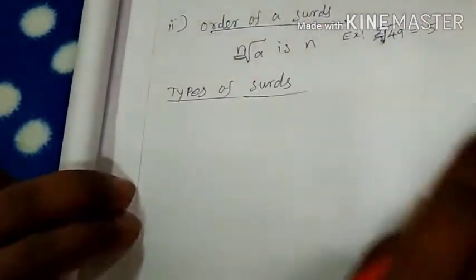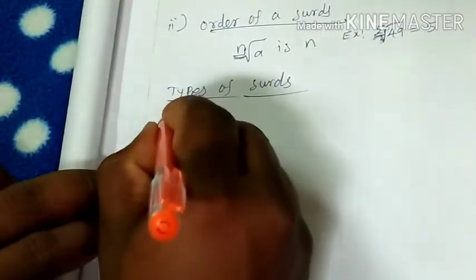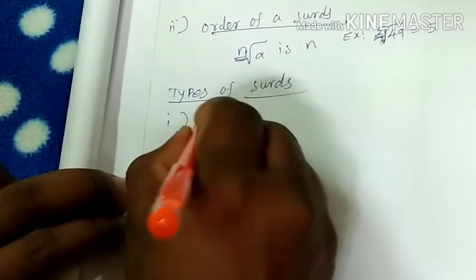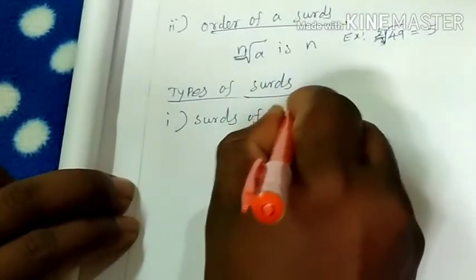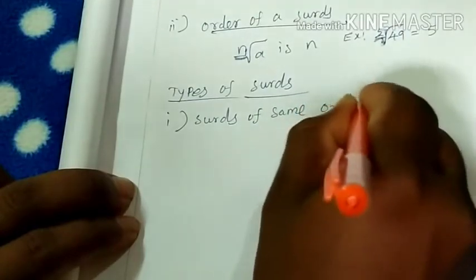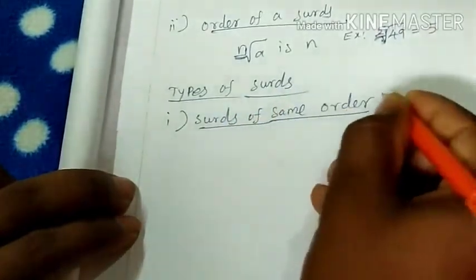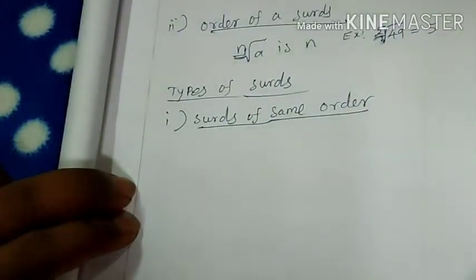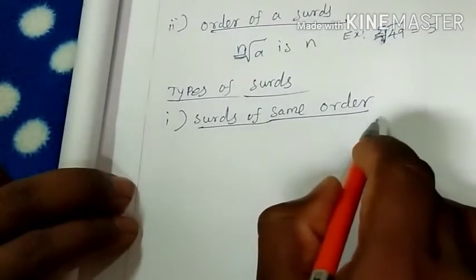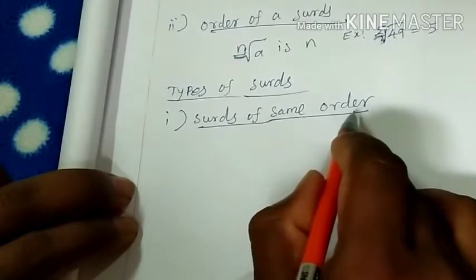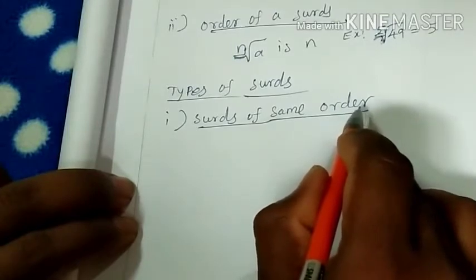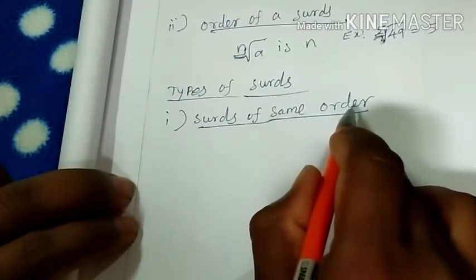Types of sets. We have 5 types. The first one is sets of same order. Sets of same order are sets for which the index of the roots to be extracted is the same.